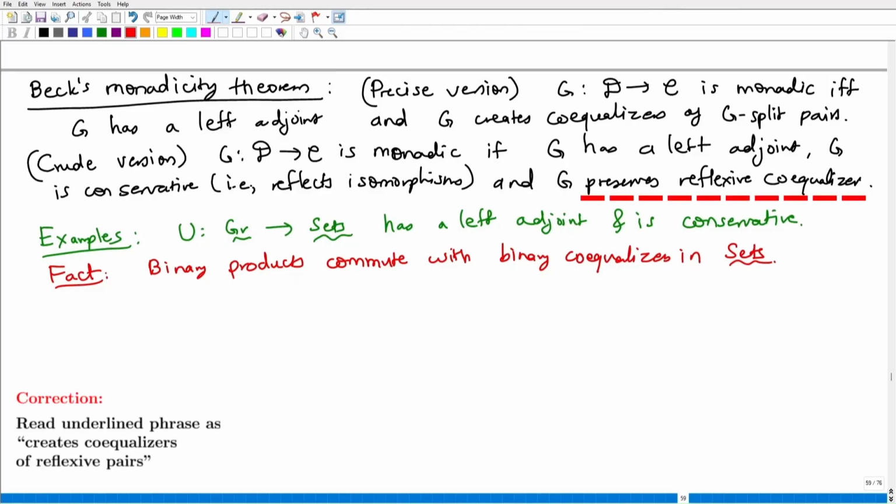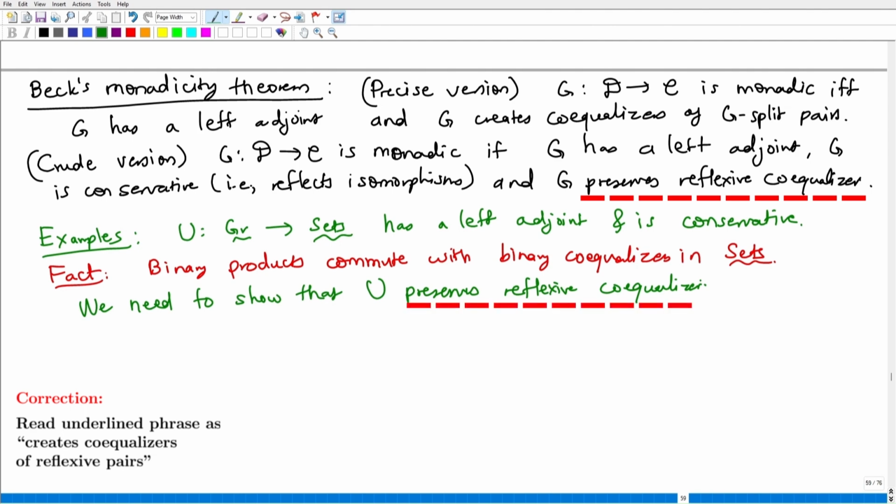So this is again a fact, just like we know that finite limits commute with filtered colimits in the category of sets. If we know that, then how can we use it? We need to show that U preserves reflexive coequalizers.